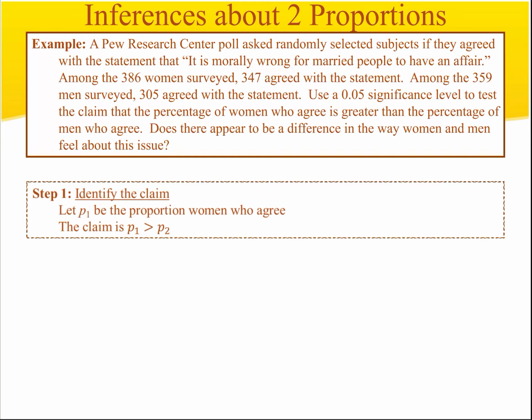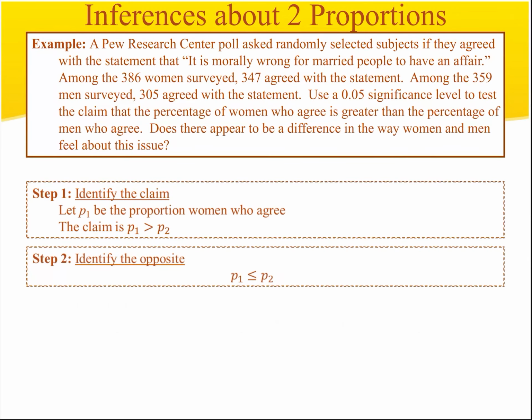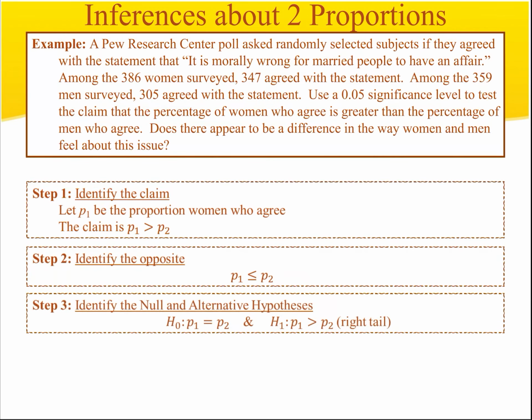Okay, the claim is that a greater percentage of women agree with the statement than the percentage of men that do. So P1 is greater than P2, which means the opposite is P1 is less than or equal to P2. So our null and alternative hypotheses would be, first, the null hypothesis, we can say P1 is equal to P2.